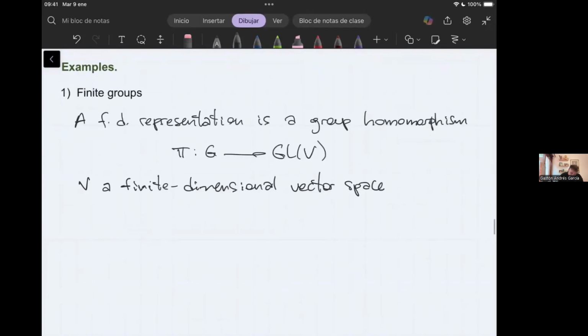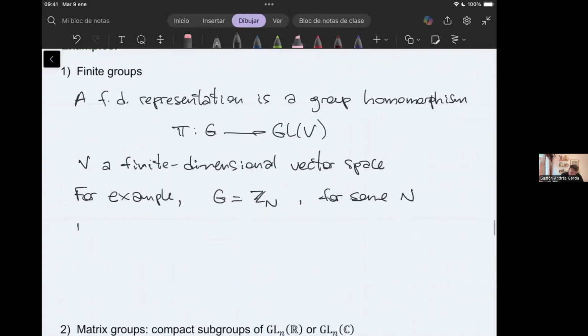So let's take a very easy example for today. Take C_n, the integers modulo n, for some n. You pick the n that you want, your favorite n. Take a complex number omega, which is an nth root of unity.